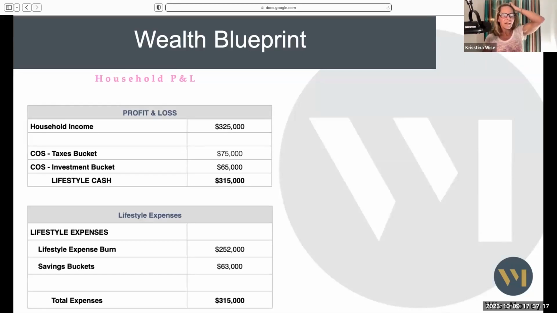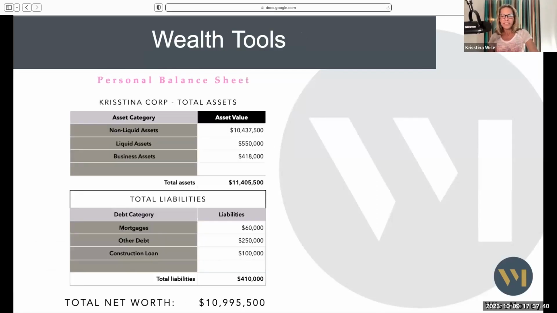Your savings buckets are $63,000. Your lifestyle burn is $252,000, which means your total expenses are $350,000, and that's just what's called a balanced sheet. So it's just to say, like, where every dollar is accounted for. Over here, your business made $350,000, and then your household is balanced where you're spending the $315 in all those buckets.